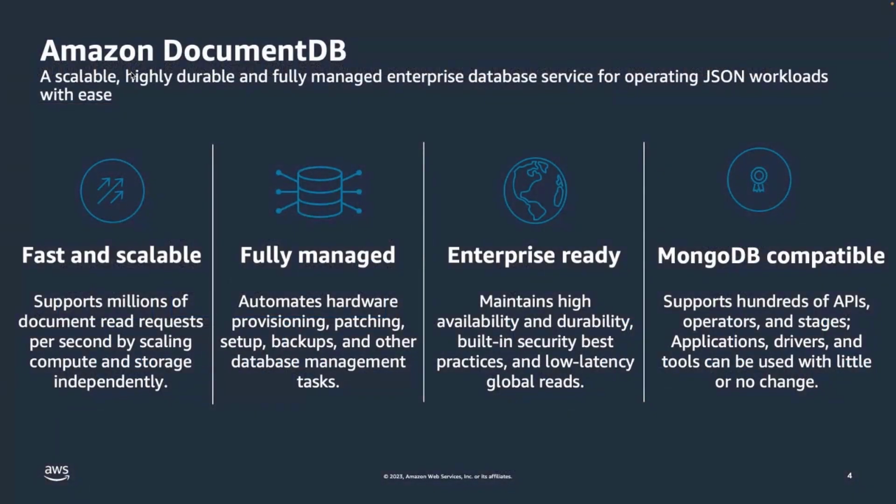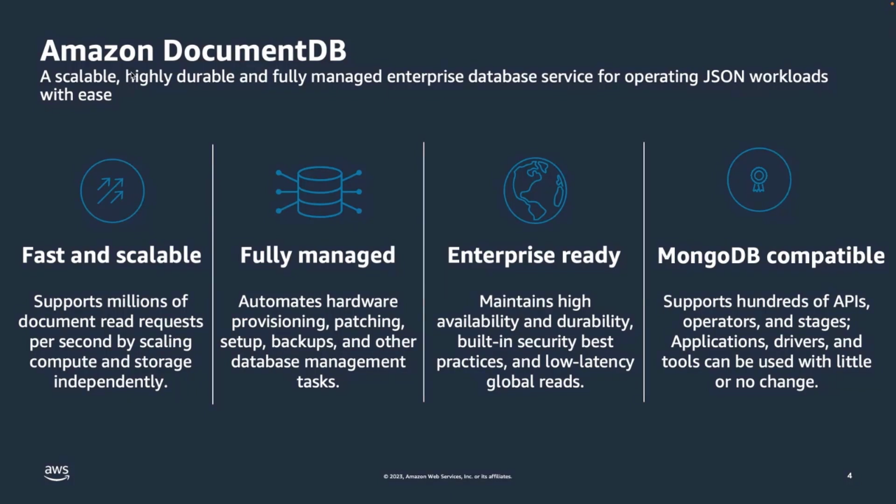So, what is Amazon DocumentDB? In order to help our customers accelerate their journey to the cloud, we worked backwards and built DocumentDB from the ground up. Amazon DocumentDB is a scalable, highly durable, and fully managed enterprise database service that operates JSON workloads with ease.